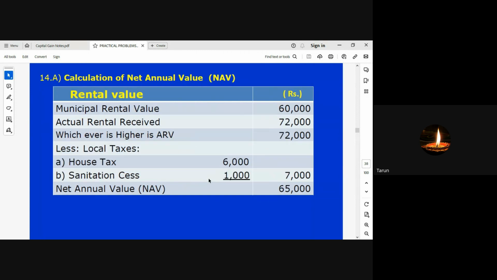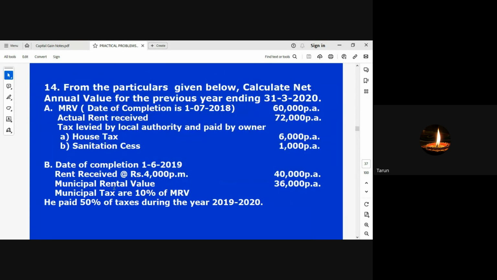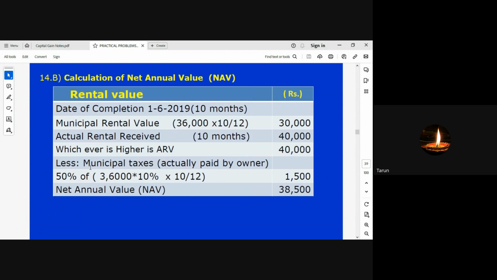But we have to consider here only 50% of the taxes. So whatever municipal taxes are calculated, you need to deduct 50% of the overall municipal taxes. So how would it be calculated? 50% of 36,000 into 10% into 10 by 12.